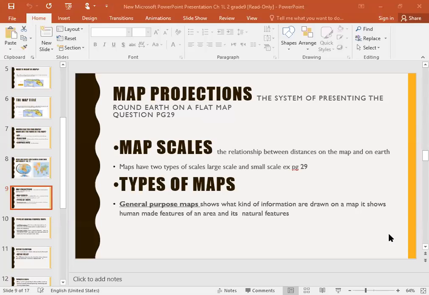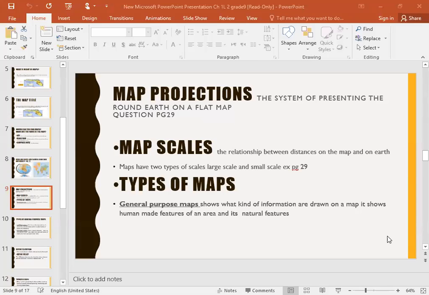Map projection is a system of presenting the round Earth as a flat map. We have also the map scales, which show the relationship between the distances on the map and on Earth. And we said that maps have two types of scales, the large scale and the small scale.